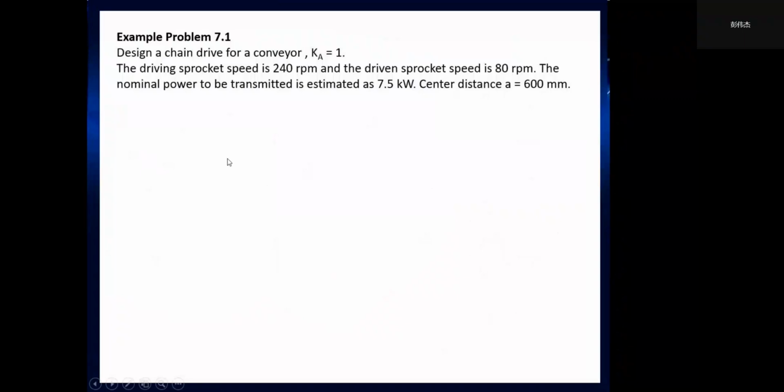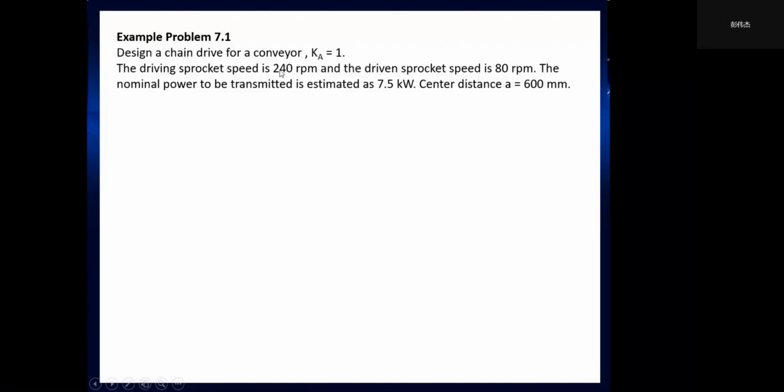And let's see example 7.1, and we should design a chain drive for a conveyor, and we know that the Ka is 1, and the driving sprocket speed is 214 revolutions per minute, and the driven sprocket speed is 80.